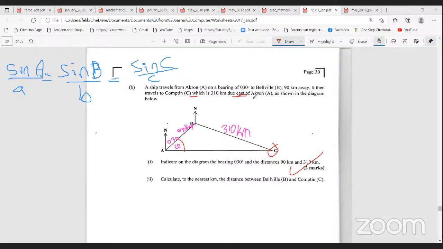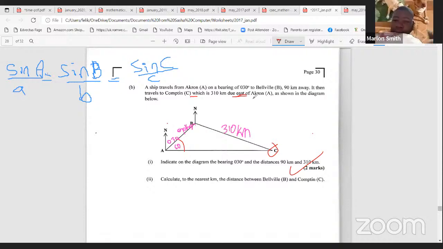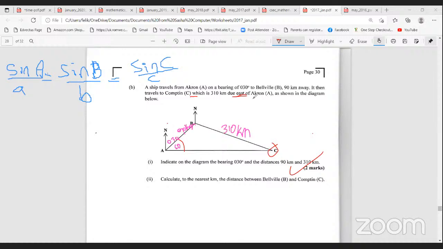All right, let's put in our information now. Miss, my problem is always how to label it, how to know which one is A and which one is B.